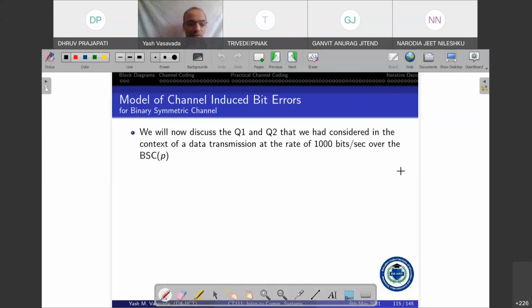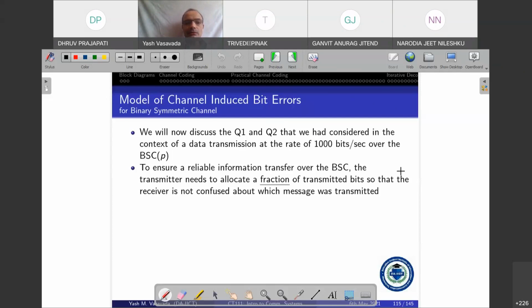So even the initial channel coding schemes such as repetition coding or single parity check code, but more pertinently the schemes that are used today, the LDPC codes or the polar codes or the turbo codes, they have to be thought of in terms of this reasoning that we are going to lay out. And that way we can connect the performance of the LDPC code with what the ideal performance should be.